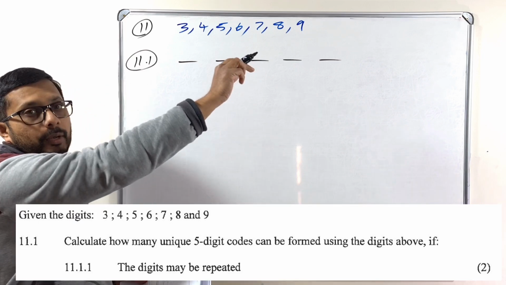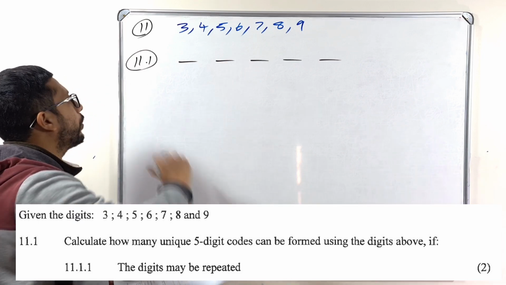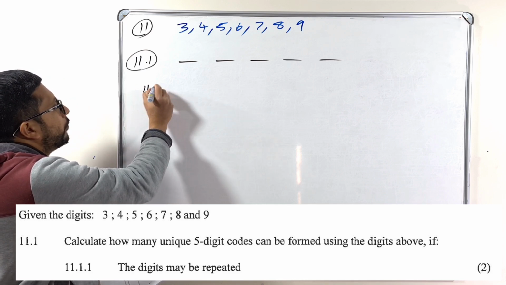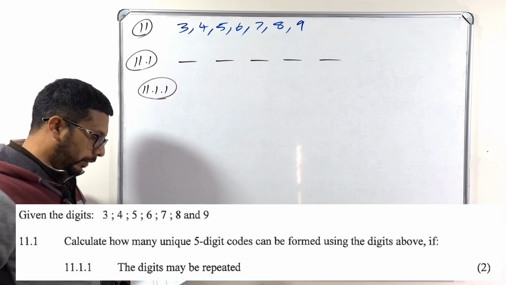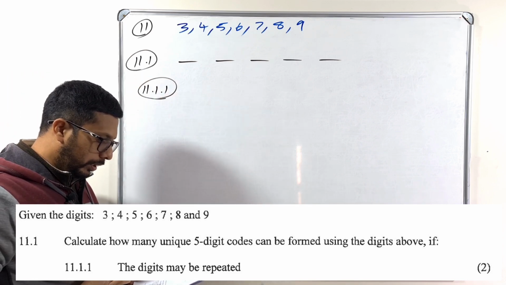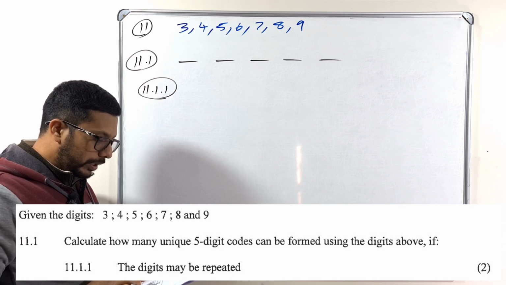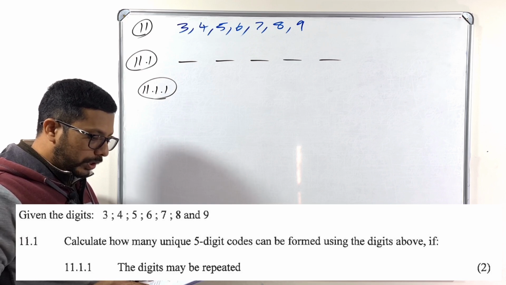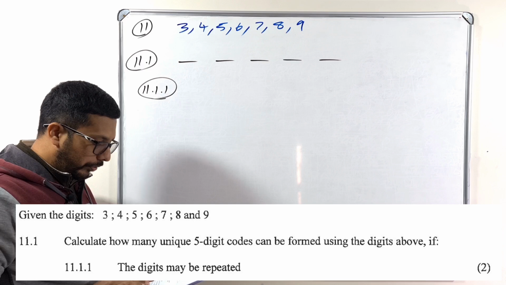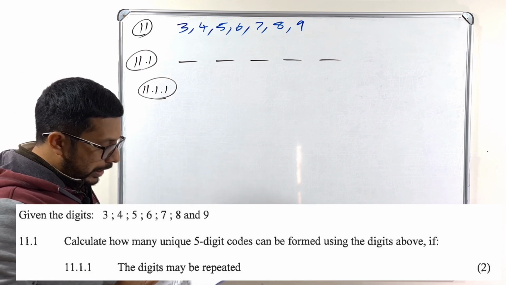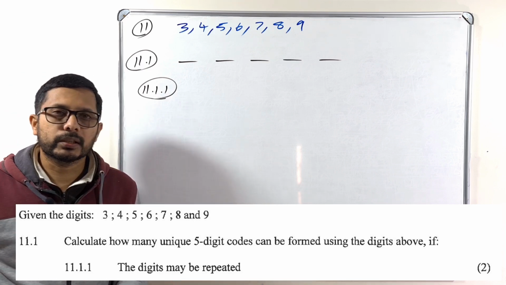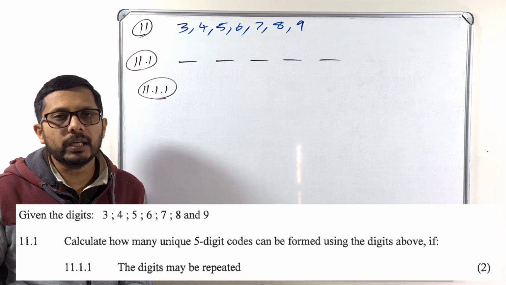There are 7 numbers. Now 11.1.1, our first question: calculate how many unique 5-digit codes can be formed using the digits above, if the digits may be repeated.